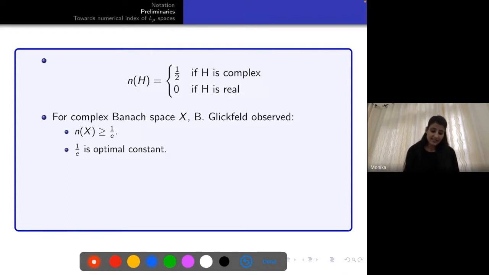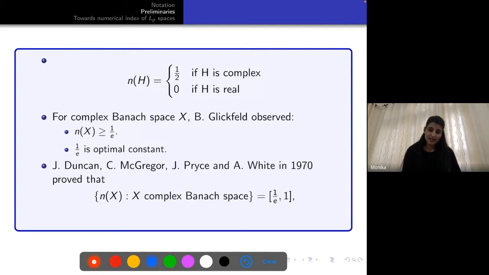Later in 1970, Duncan, McGrath, Pierce, and White proved that the set of numerical indices of complex Banach spaces is the interval 1 over e to 1, which means if you take any point in the interval 1 over e to 1, there is a complex Banach space whose numerical index will coincide with that point.